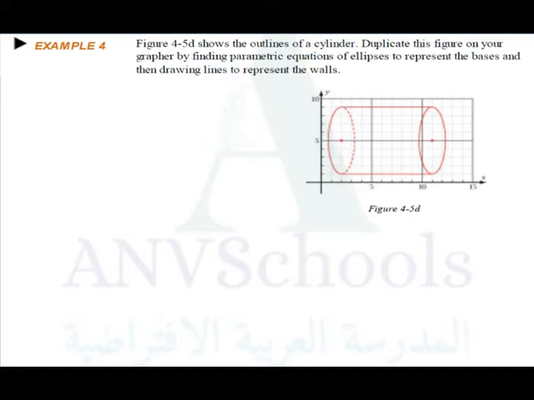So let's start with the first set of parametric equations, and that would involve the far right ellipse. Let's call it set A of the parametric equations. So A of t is equal to the parametric equations x of t, and x is located at the h axis.